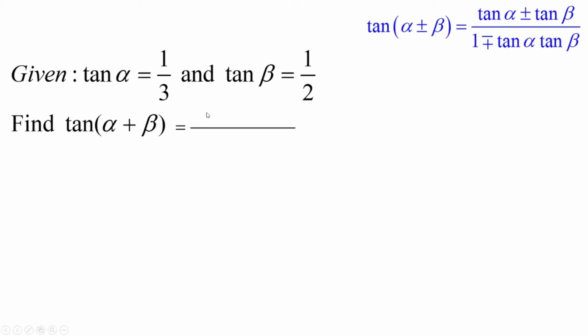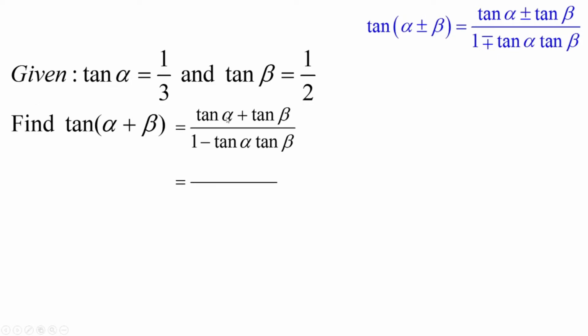So I'm going to start with my tangent of alpha, and then I need the same sign, so I need a plus, tangent of beta, and then I've got a 1, but now I need the opposite of plus, which is minus, and then the product of tangent of alpha and tangent of beta. So a lot of people see it a lot more clearly like this, but if you write your identity like this, you don't have to do two separate identities, one for tangent of alpha plus beta, and then one for tangent of alpha minus beta. Makes our life simpler.